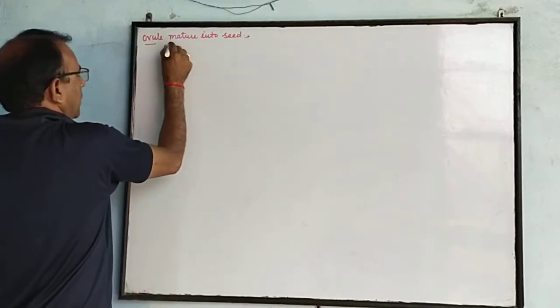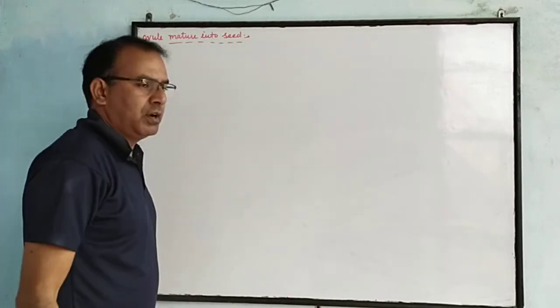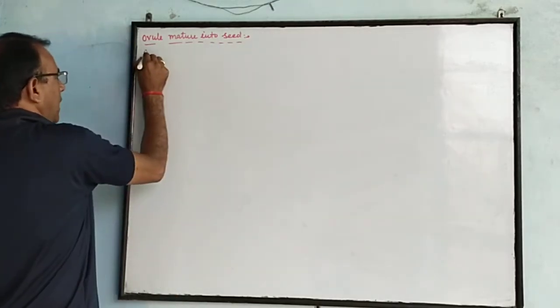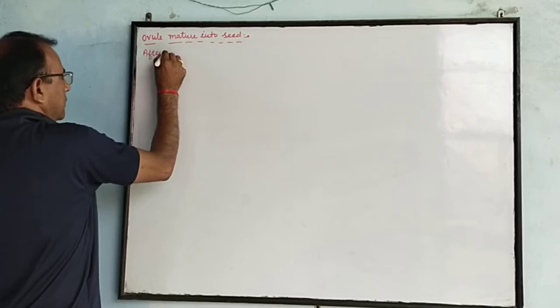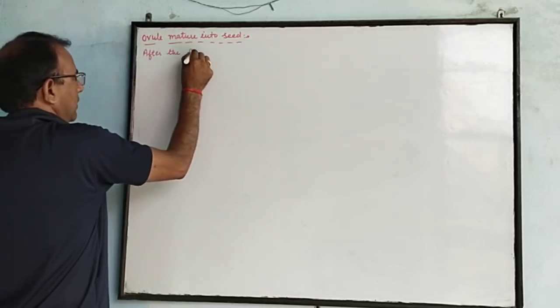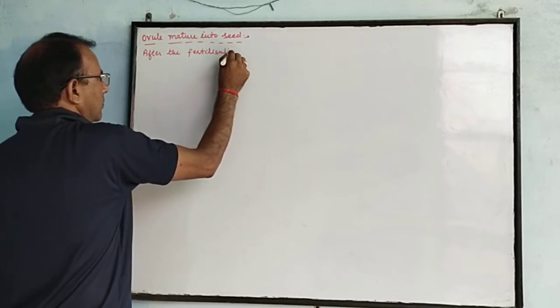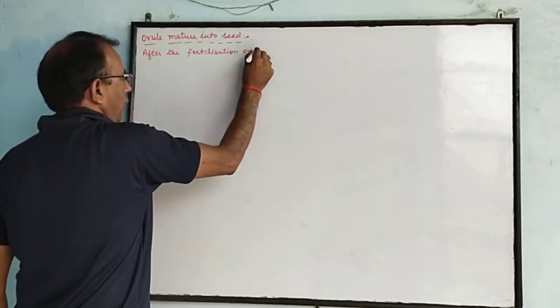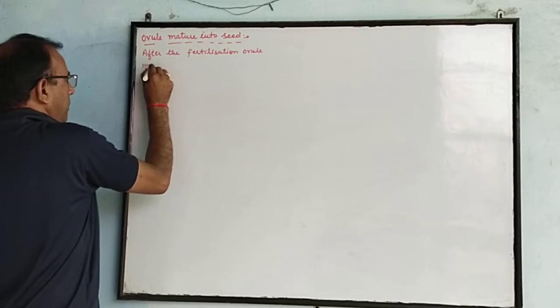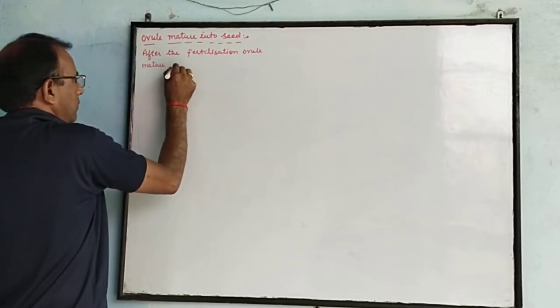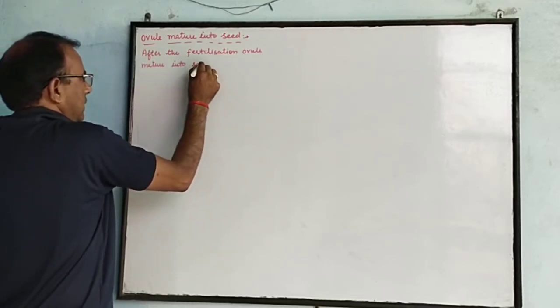After fertilization, the ovule matures and produces seed.